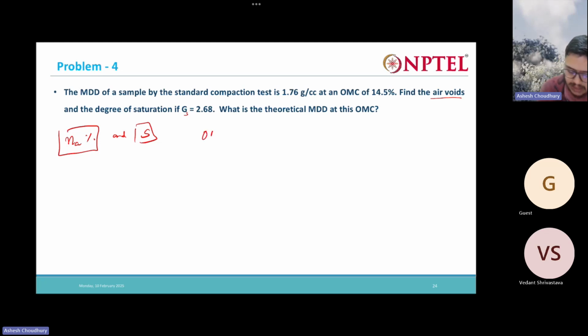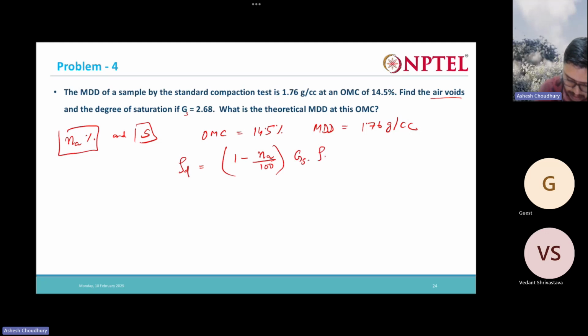What is given? The OMC is given as 14.5% and the maximum dry density is 1.76 gram per cc. Now there is a relation that relates the dry density to the air voids. I will write that relation. Gamma d is (1 minus na by 100) Gs gamma w by (1 plus w Gs). So here I can put my values.